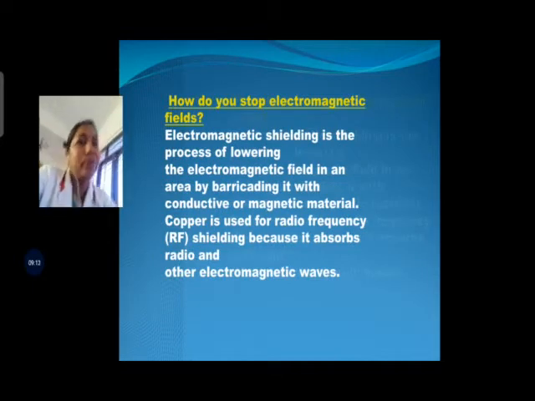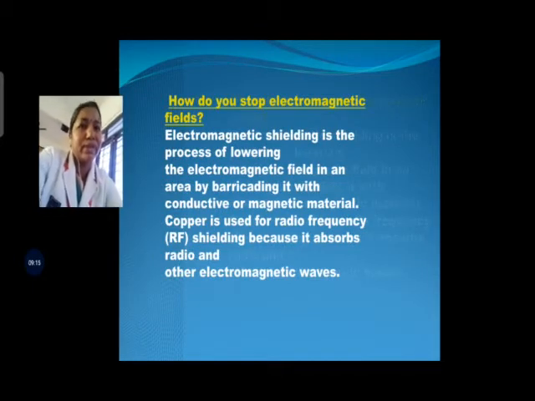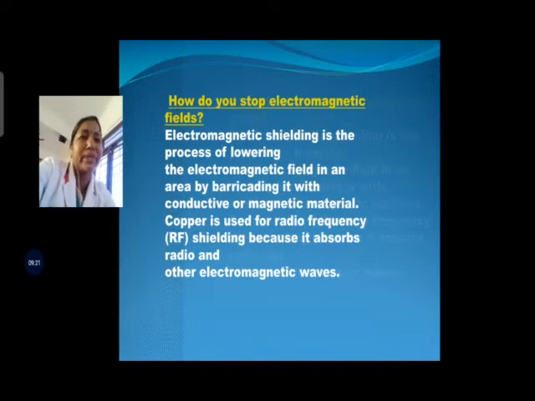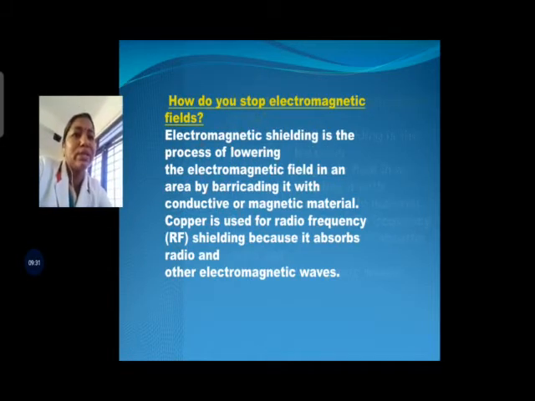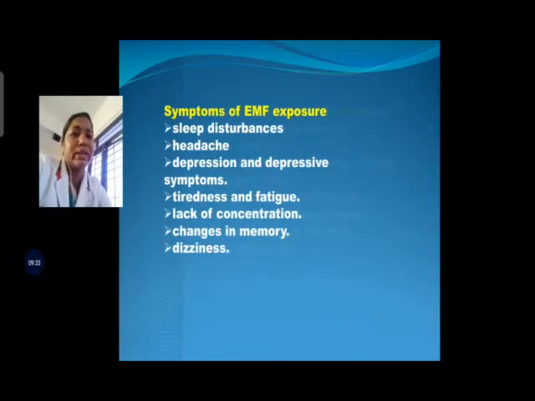So how do you stop electromagnetic fields? Electromagnetic shielding is the process of lowering the electromagnetic field in an area by barricading it with conductive or magnetic material. Copper is used for RF shielding. So here we have to stop the electromagnetic field. We know the symptoms of EMF exposure already.